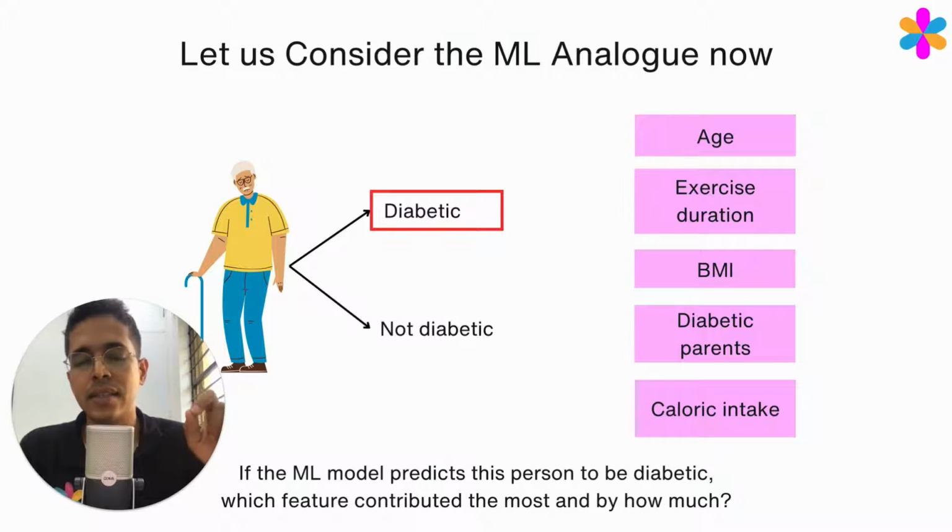And this insight may not apply to other people, because some other person who has a BMI comparable to this person may be diabetic for a different reason. Maybe they are diabetic because of very, very poor exercise duration, right? So there could be different reasons why a person is primarily classified as diabetic.